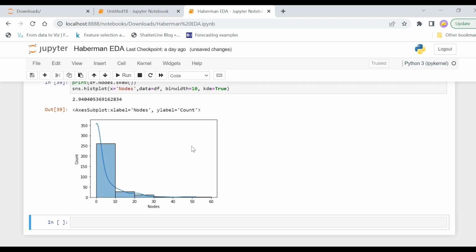If I increase the bin size, you can see this. And from 0 to 10, the density is much more relevant.